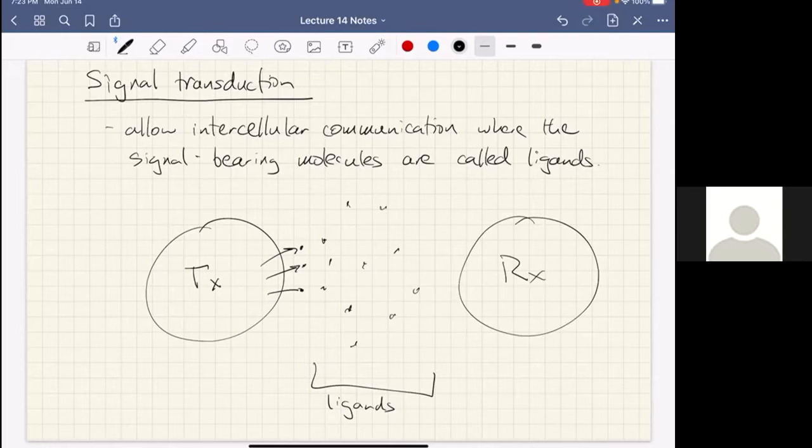So the receiver in this case is absorbing. It has on its surface a number of very specialized proteins called receptors. And the idea is that a ligand propagating by Brownian motion will randomly encounter a receptor and bind to it.